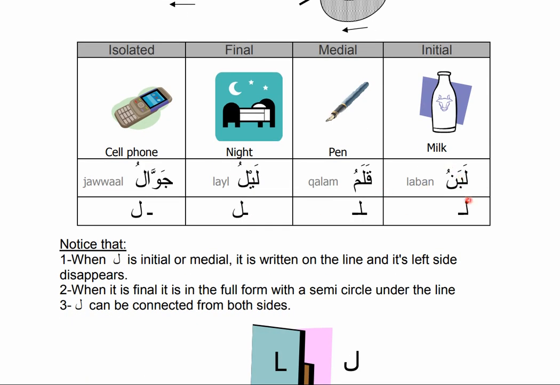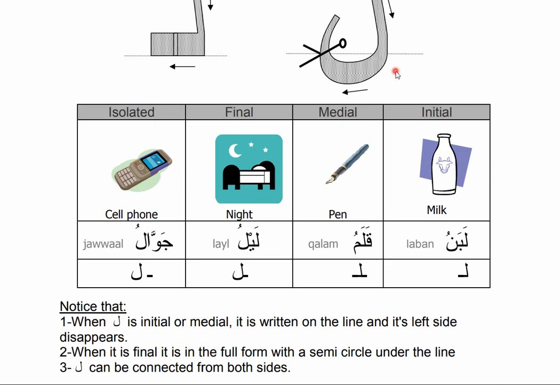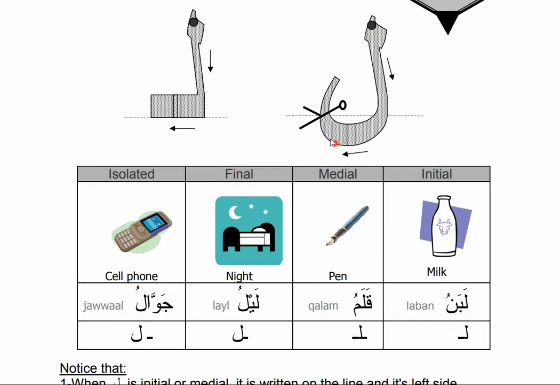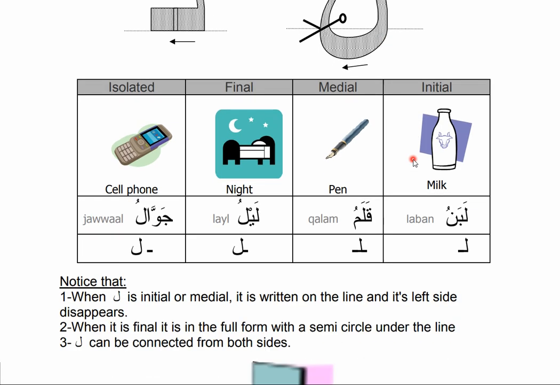Laban, and it is in the initial position. You can see even in the initial you cannot write lam like this, but like this with the curved portion gone and the tail gone, you need to write lam as a straight line, slightly bending here and then on the line, not like this curved portion.